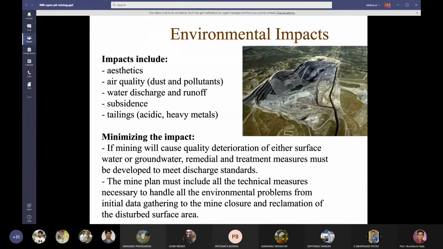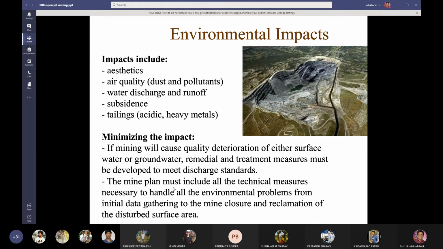So, how to minimize the impact on the environment due to mining activities? By doing these items, you can minimize the impact. If mining will cause quality deterioration of either surface water or groundwater, remedial and treatment measures must be developed. The water treatment plant must meet discharge standards so that the water can be drinkable.